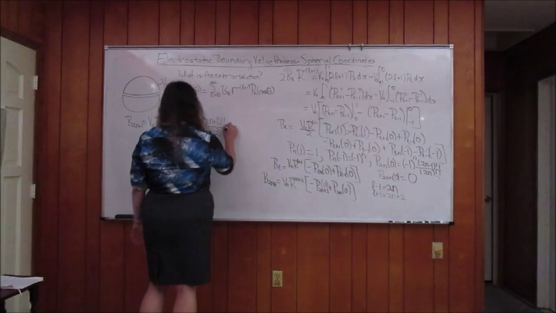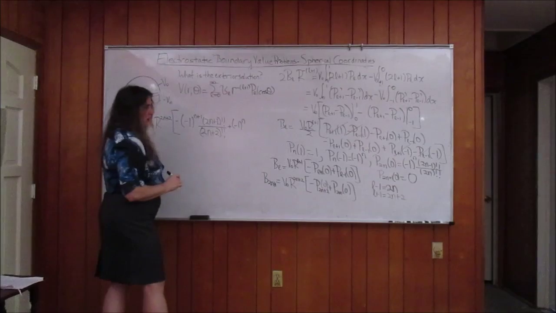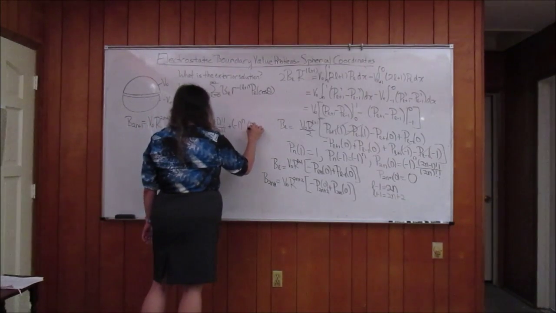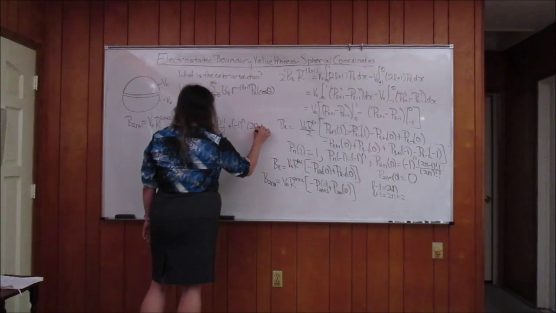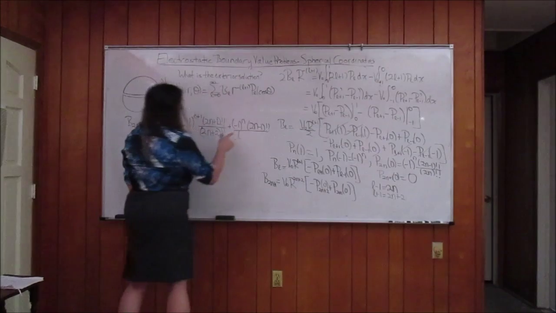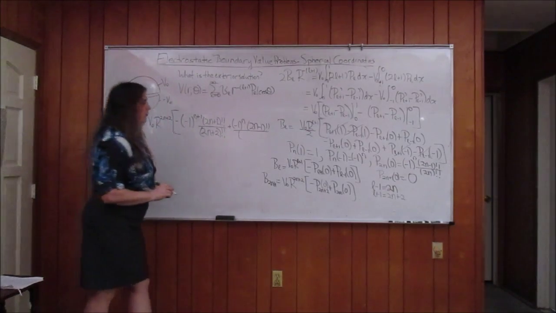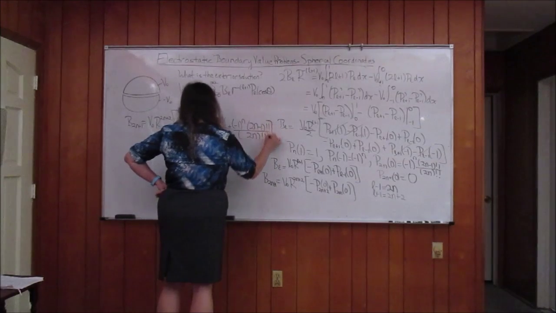Second term gives me minus 1 to the n times 2n minus 1 double factorial over 2n factorial.